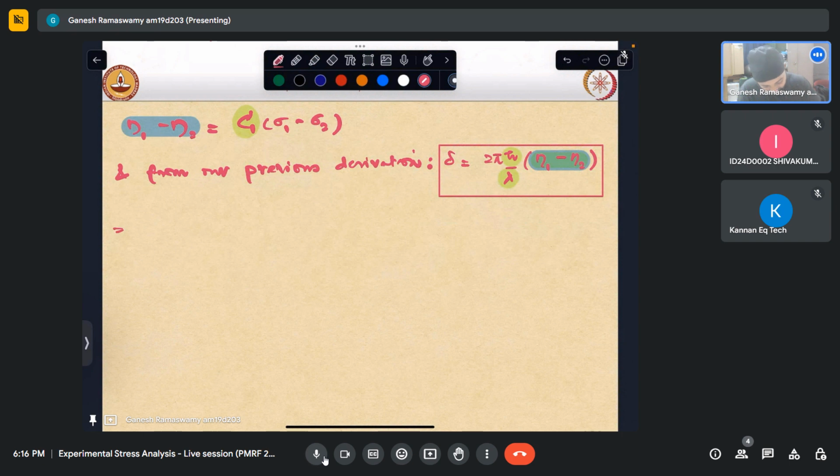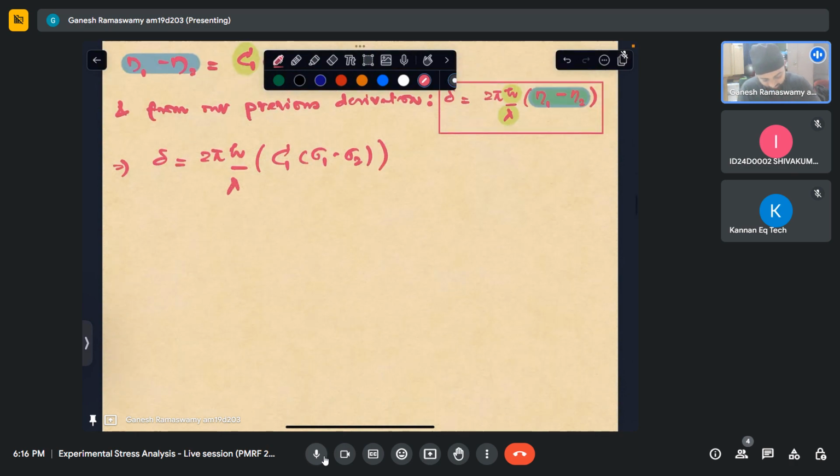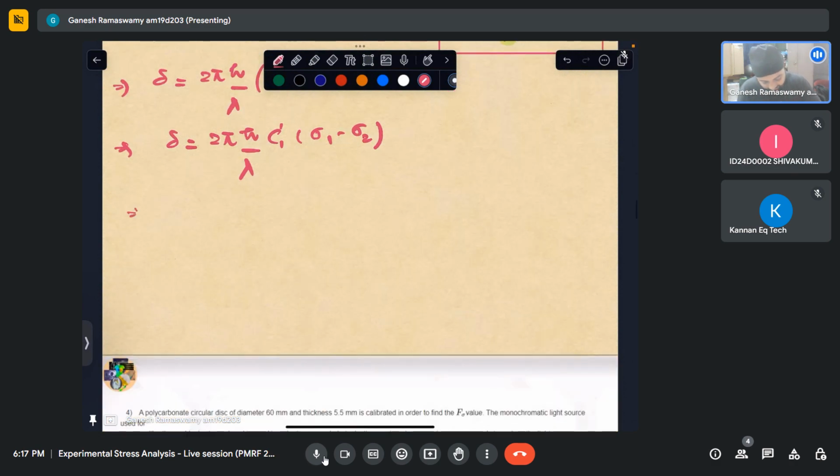So delta is 2 pi h by lambda into, I'll just substitute for this, capital C into sigma 1 minus sigma 2. So if I simplify this, delta is 2 pi h by lambda C into sigma 1 minus sigma 2. I'll just take this to the other side.